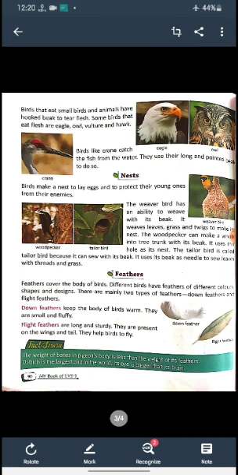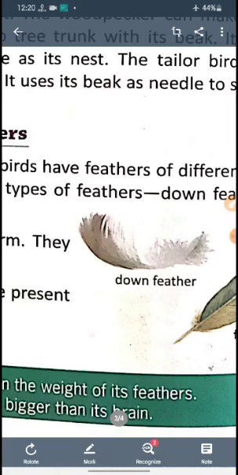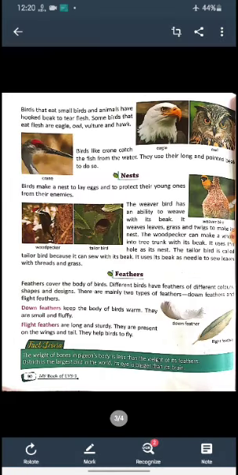They are small and fluffy. Flight feathers are long and sturdy. They are present on the wings and tail. They help the bird to fly. Flight feathers are straight and down feathers are small. This is the difference.